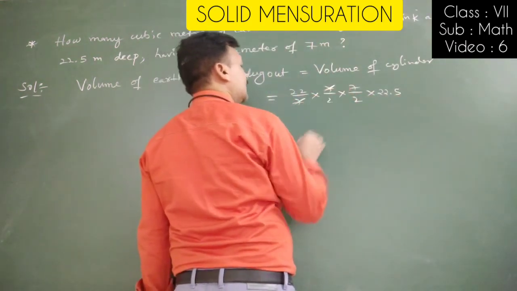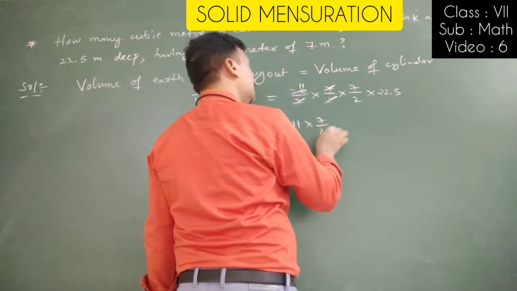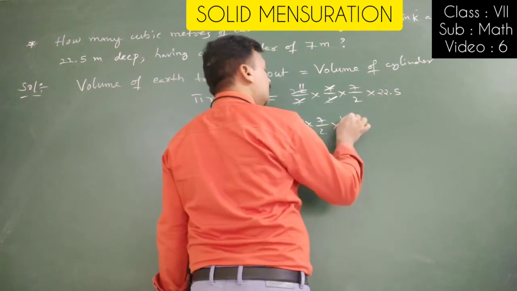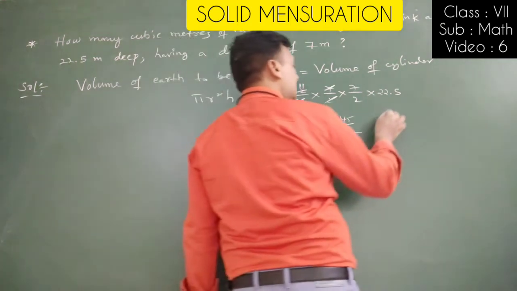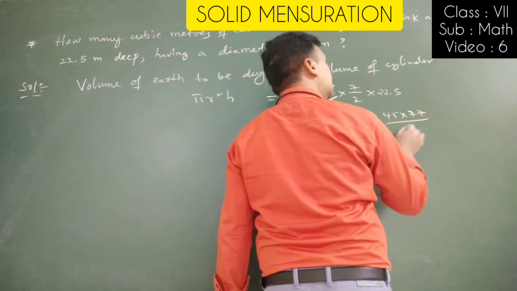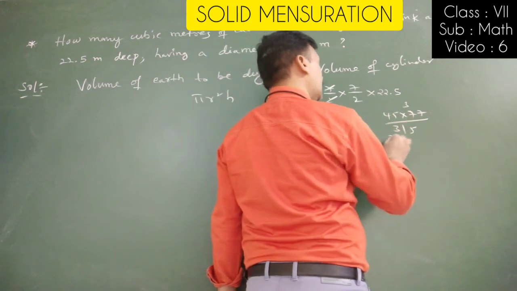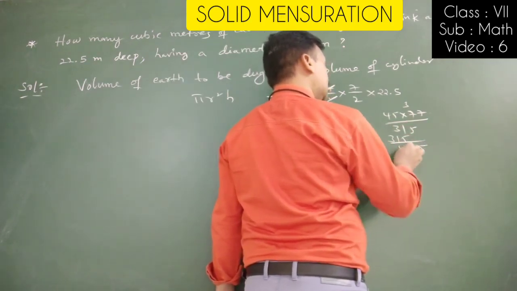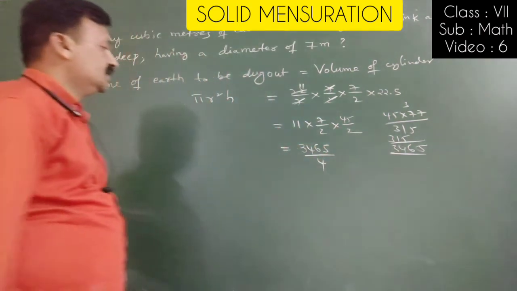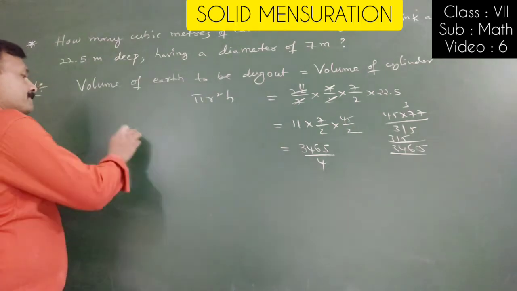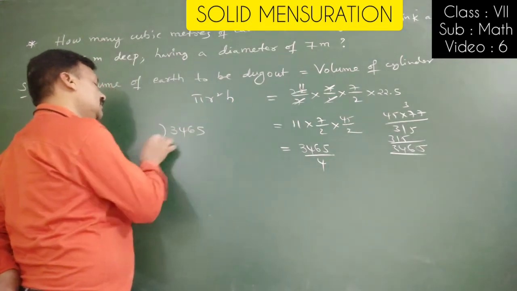Here 7 will cancel. Here 2 11 times. Here 11 into 7 by 2 into actually 22.5, which means 45 by 2. Here 11 sevens are 77. 45 into 77 gives 3465 by 4.